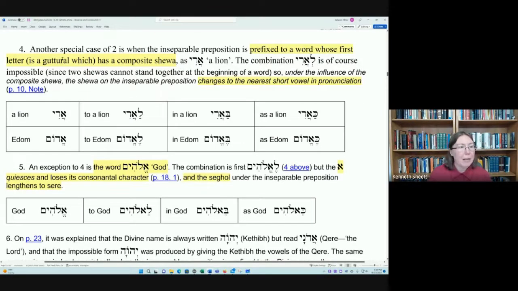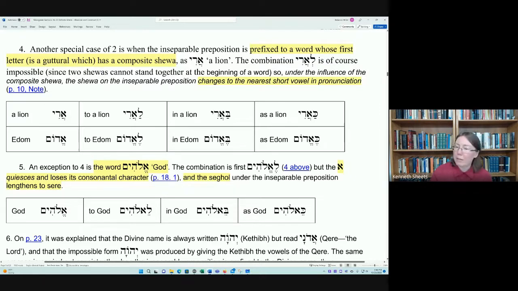So notice here another special case of what we've been discussing: when the inseparable preposition is prefixed to a word whose first letter is a guttural, aleph, he, heth, ayin, and that first letter has a composite schwa. For instance, taking the word ari, a lion. So we have this combination here, l-ari, but again notice that we have two vocal schwas side by side, the simple vocal schwa and the composite schwa, the hateph patah.